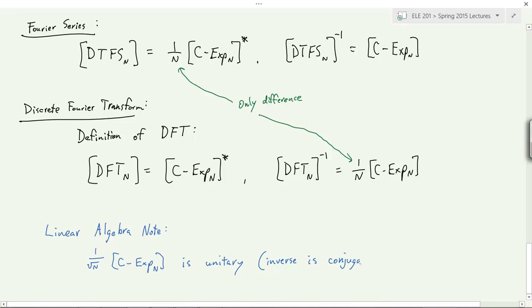That should be clear from what we just saw above. Unitary matrices are usually thought of as a change of basis. And this change of basis diagonalizes Toeplitz matrices.